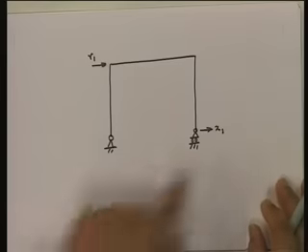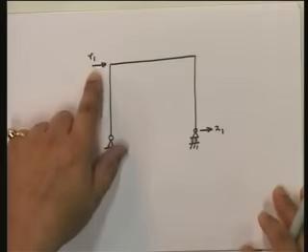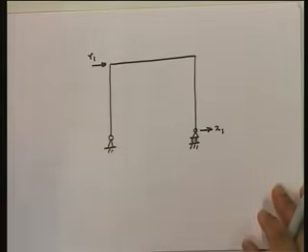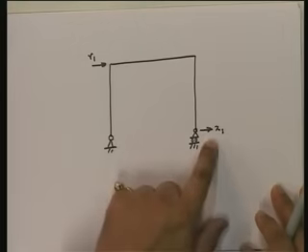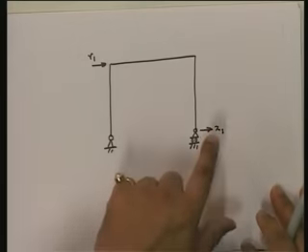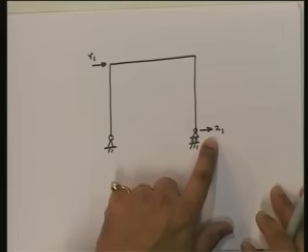Why do I need to find this displacement? Because this displacement is what I've been asked to find out. Why do I need to find this displacement? Because this is the displacement which is going to be equal to 0 in the original structure. So how are we going to find this out?